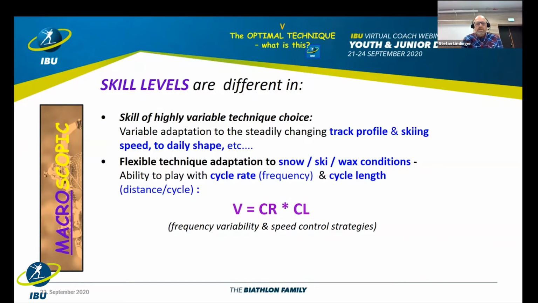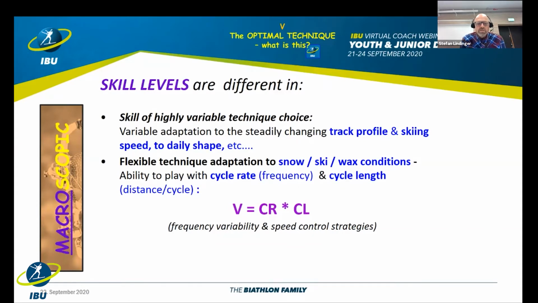The system, the skier must adapt, and that's also a skill. And if that comes up, these changing conditions, then it's very interesting to watch the different abilities to play with cycle rate and cycle length, meaning skiing frequency and distance per cycle I cover, because velocity is the product of those both, as you can see here, cycle rate multiplied by cycle length.